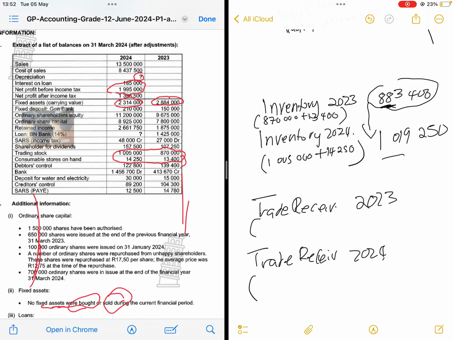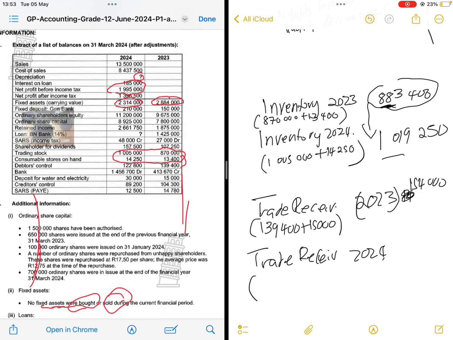So it means now I will have 154,400. When I take trade receivable, I take debtors control of 139,400, and then I add 15,000 for deposit of water and electricity. Therefore, I get 154,400.